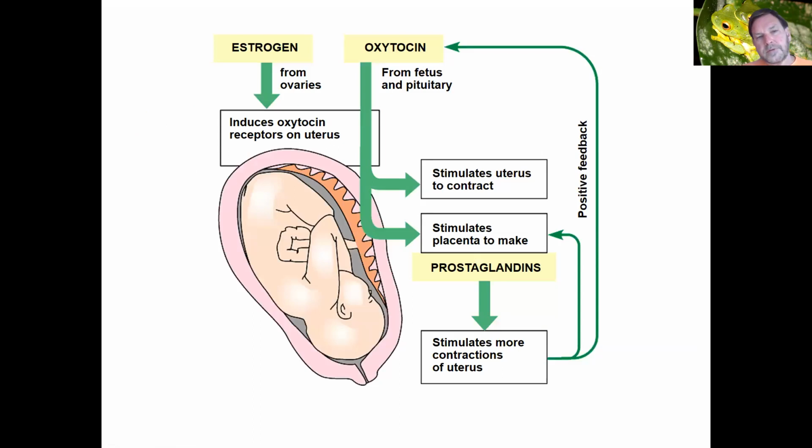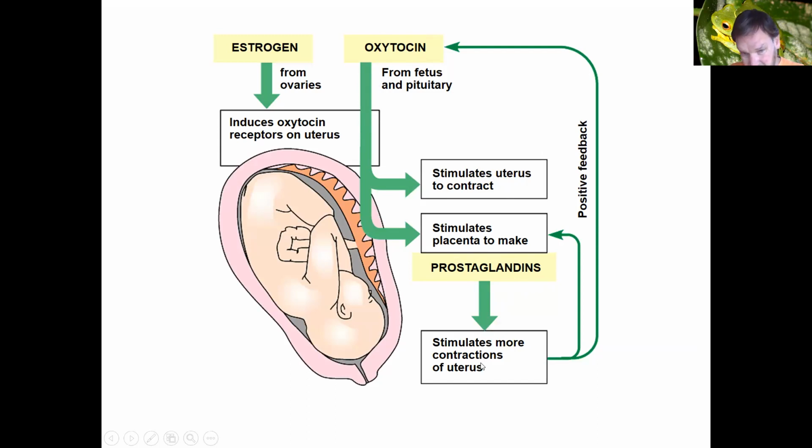One important part of childbirth is the secretion of a hormone called oxytocin. Estrogen from the ovaries induces oxytocin receptors in the uterus. Oxytocin is produced that stimulates the uterus to contract. And it stimulates the placenta to make another type of hormone called prostaglandins.